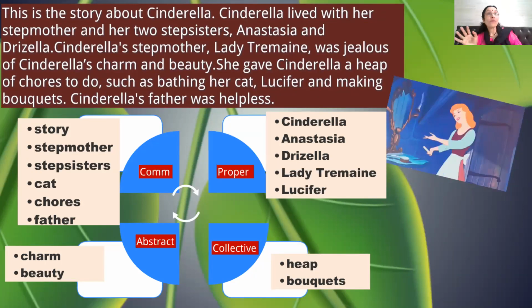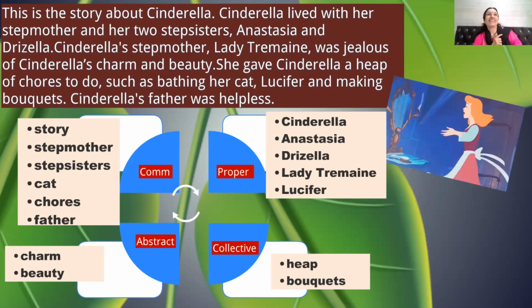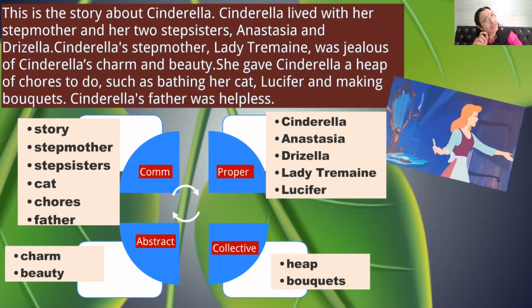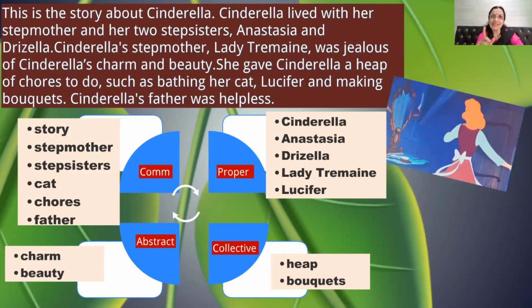I didn't ask you proper noun or common noun, I'm asking you gender-wise. Of course, stepmother and stepsisters, very clearly feminine gender. So don't only look for proper nouns. Now we are asking about the gender, so it will be stepmother and stepsisters also.